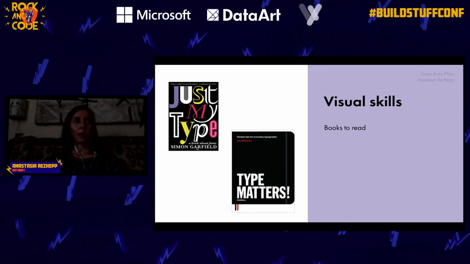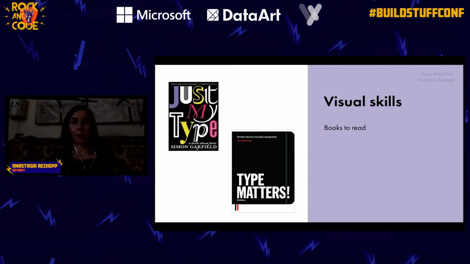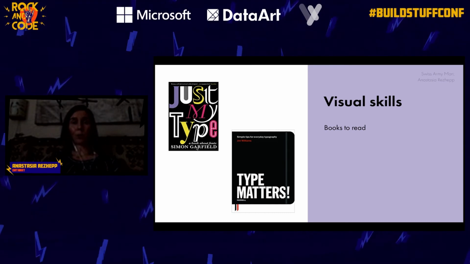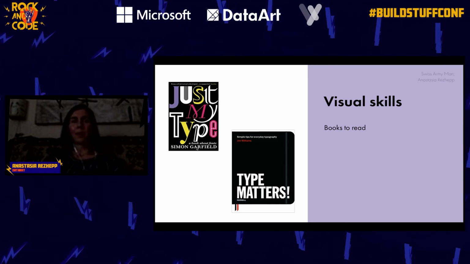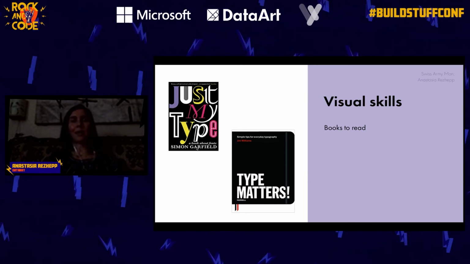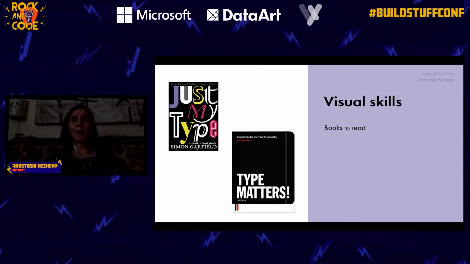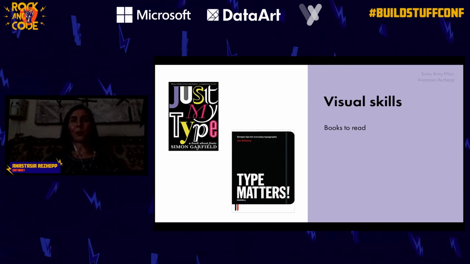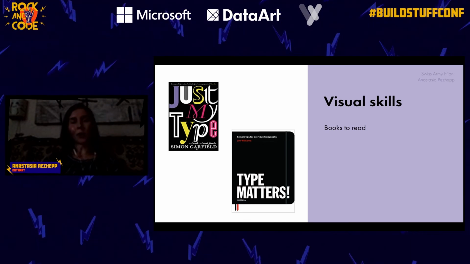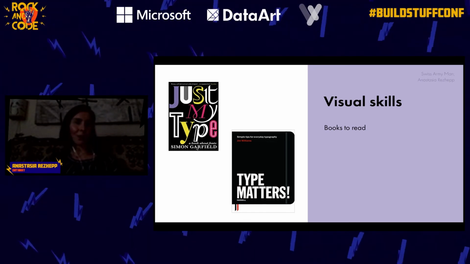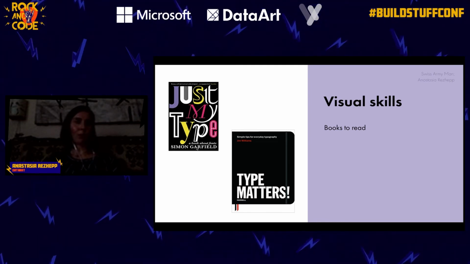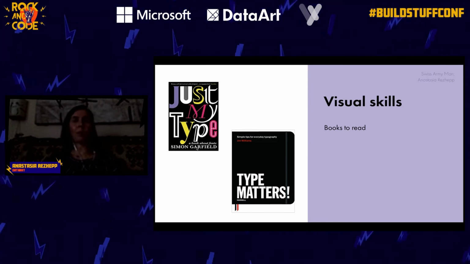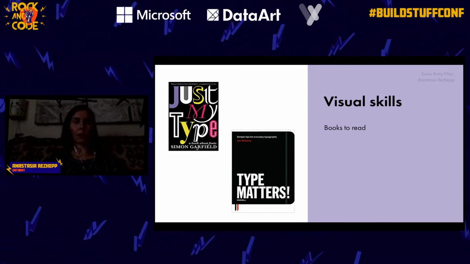It won't tell you many useful, practical things about how to use type, but it is such funny and entertaining reading. I think it will help you to start understanding fonts and to start loving fonts, and it can also be useful, or at least maybe it will help you in some quizzes.